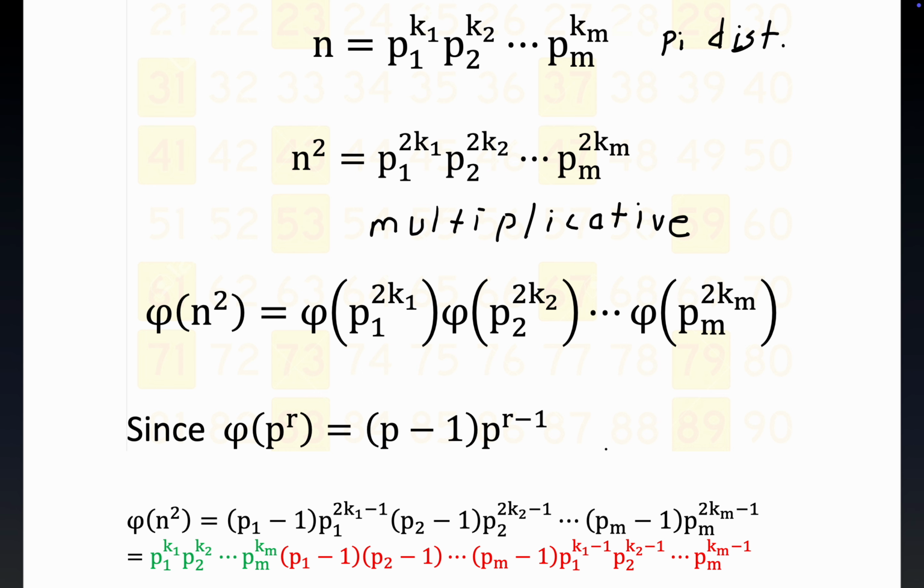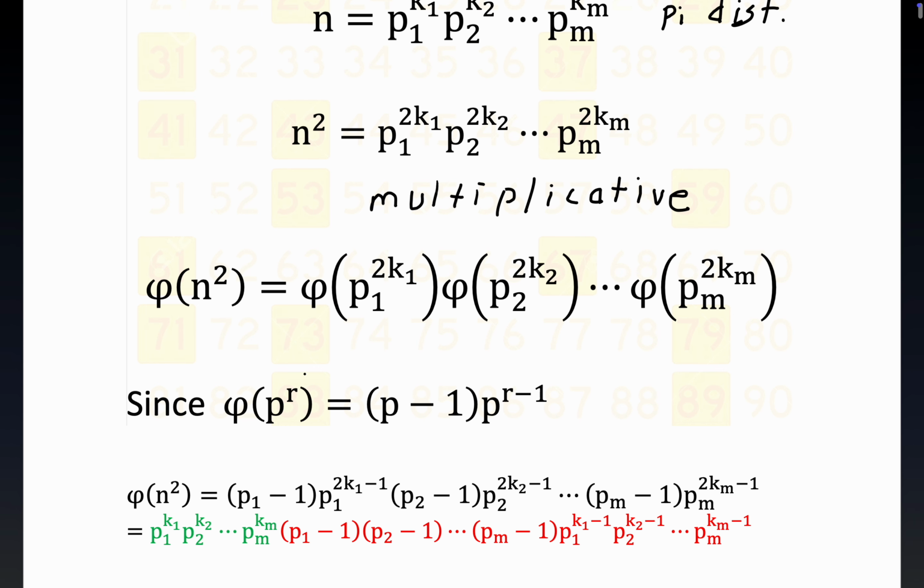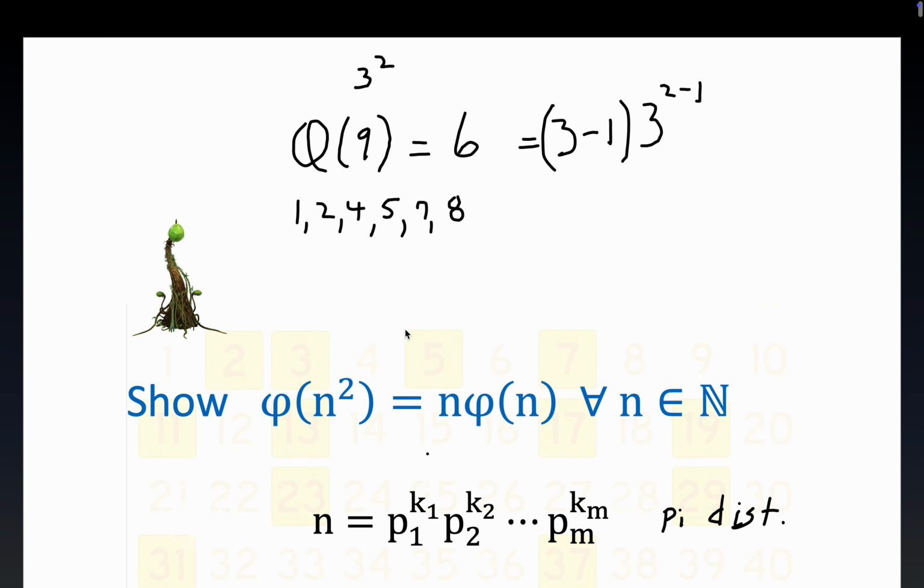That's more or less in a nutshell how the proof would go, a little more detailed than that. Okay. But what we're going to do is repeatedly use this result. And notice this is the result that I wrote down right here. Okay, p minus 1, 3 is the prime number, and then 3 to the 2 minus 1. Okay, so you're subtracting the 1 from the exponent here and from the prime number itself here. It's not too hard to remember.